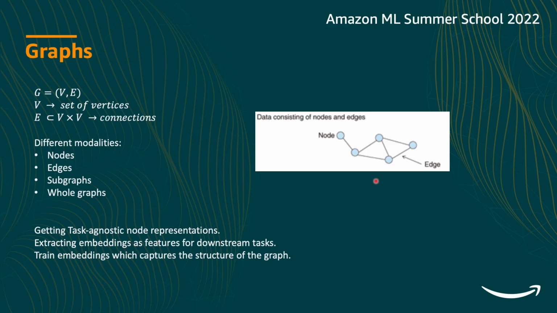Moreover, there can be different modalities involved: we can make predictions about nodes of the graphs, or about the edges of the graphs, or some subgraphs, or even the whole graph itself. So in that respect, it provides a lot of flexibility. And like other domains, these modalities like nodes and edges can be labeled or unlabeled or even partially labeled.